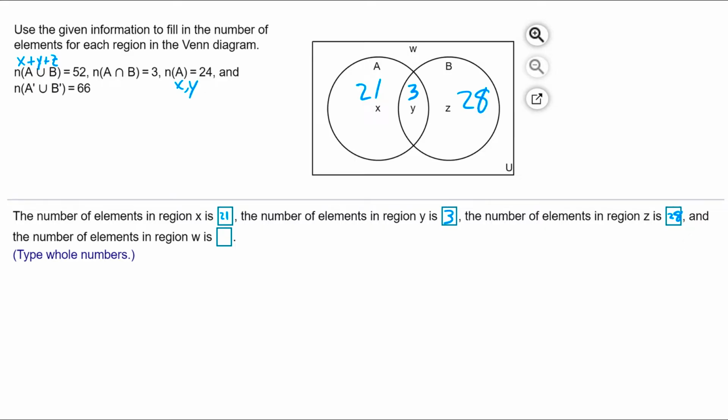All right, and then W is the last one. This is the one that tends to trip people up. So W: A complement union B complement. Let's break this up.